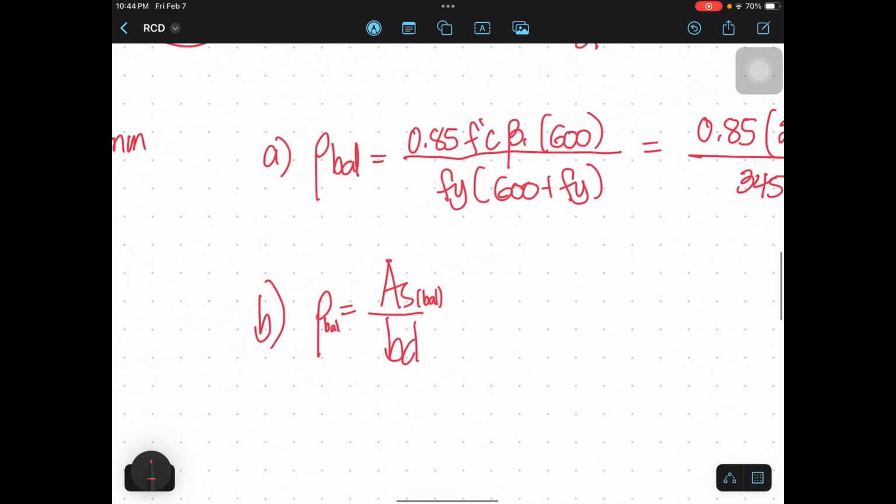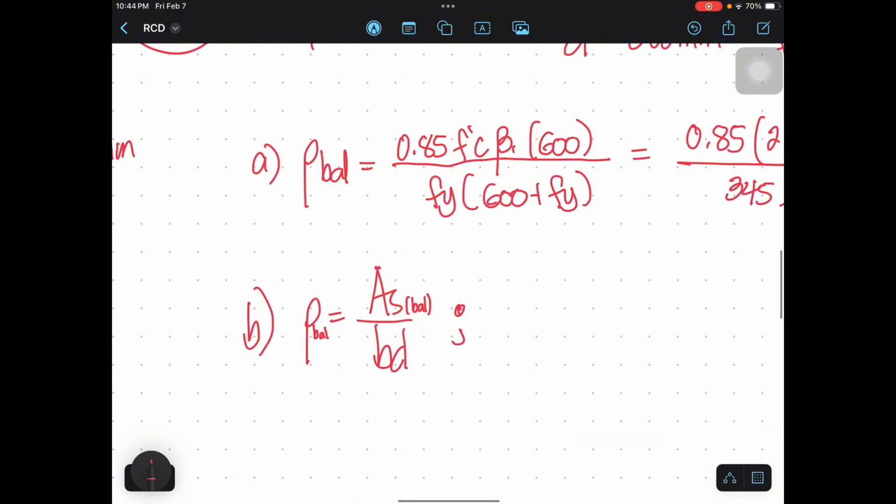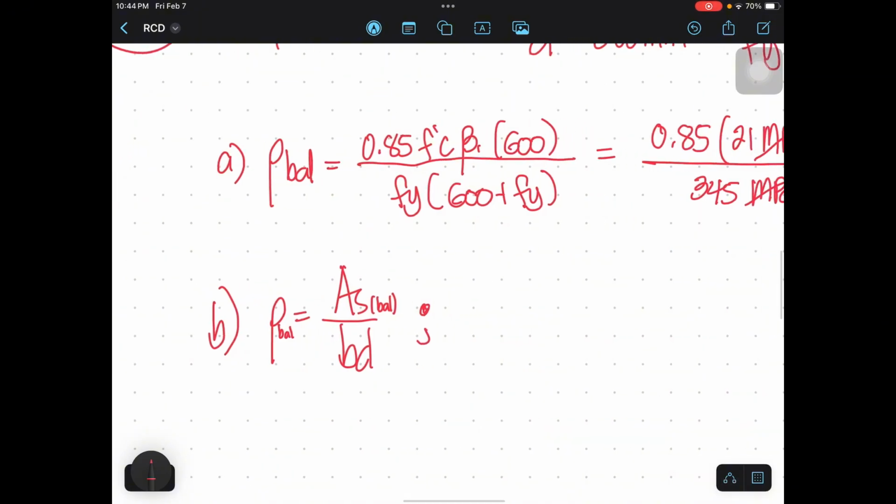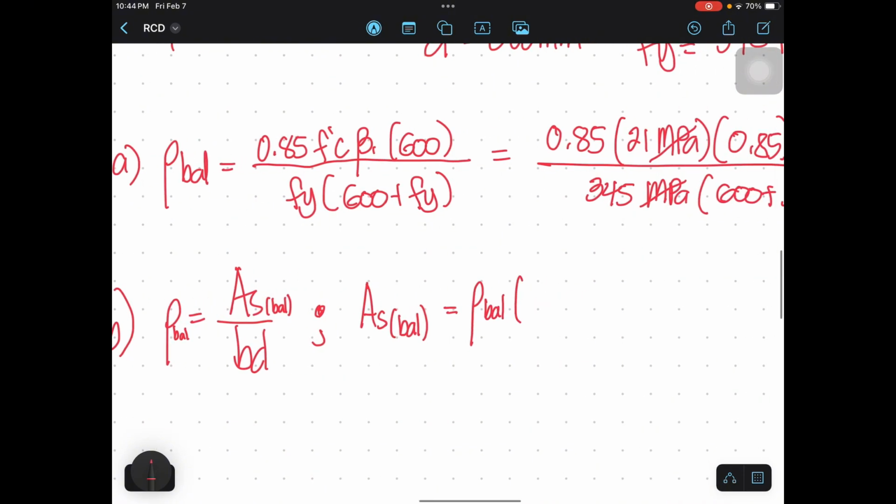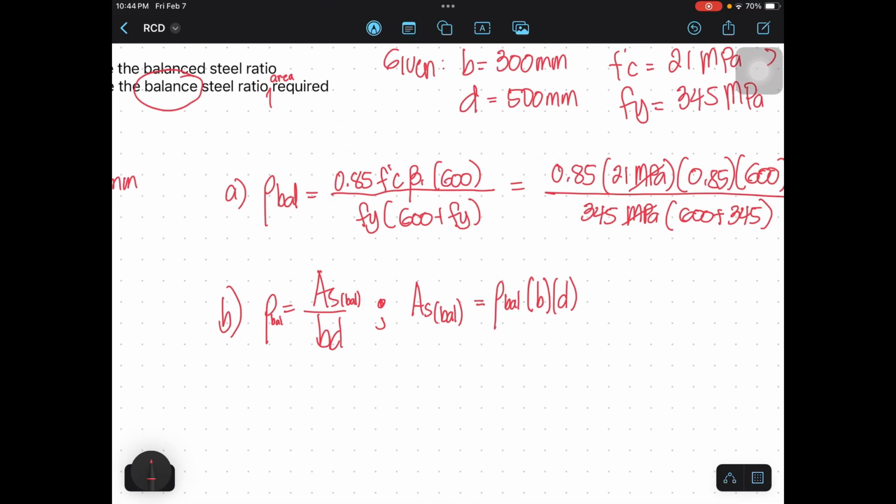Okay? Using the rule of algebra or manipulating the equation, we will get As or area of the steel reinforcements under balanced condition to be the quantity of the balanced steel ratio multiplied by the dimension of the beam or rho balanced bd.